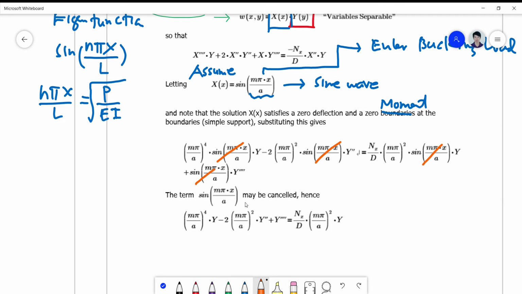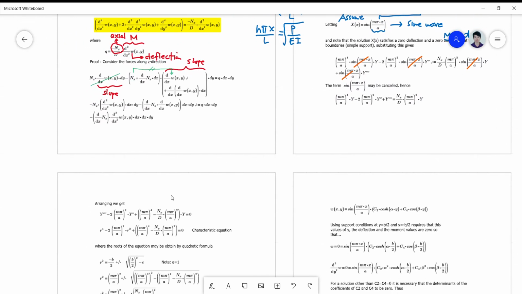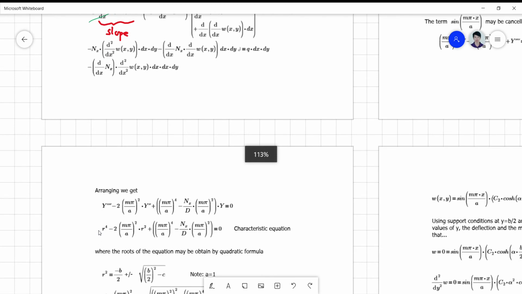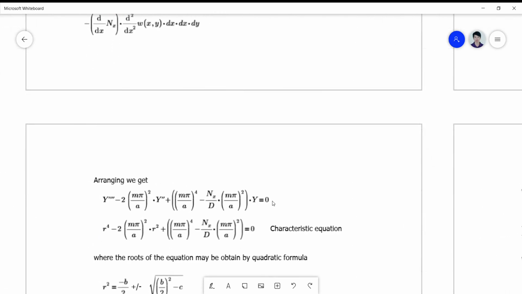So by cancellation, we reduce the equation into this one, and arranging your equation into an ordinary differential equation in y. So this is now an ordinary differential equation in y.